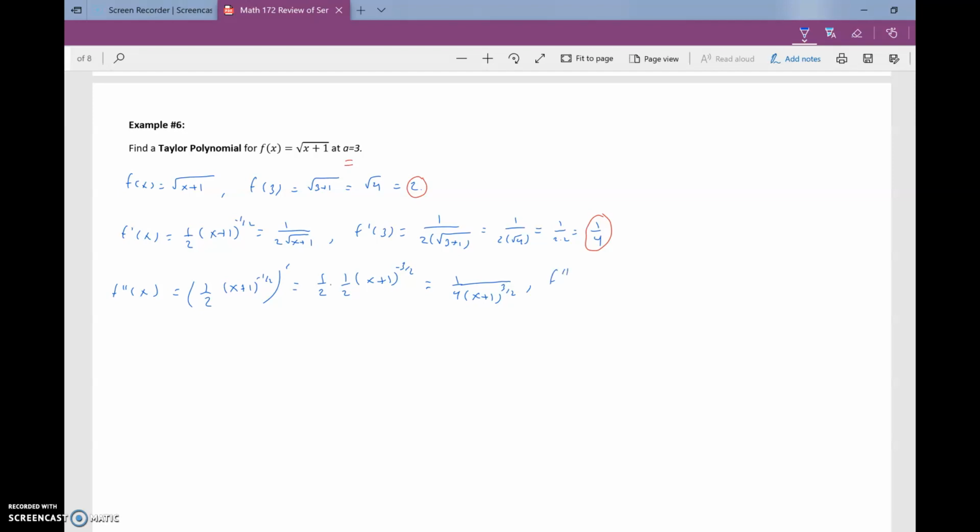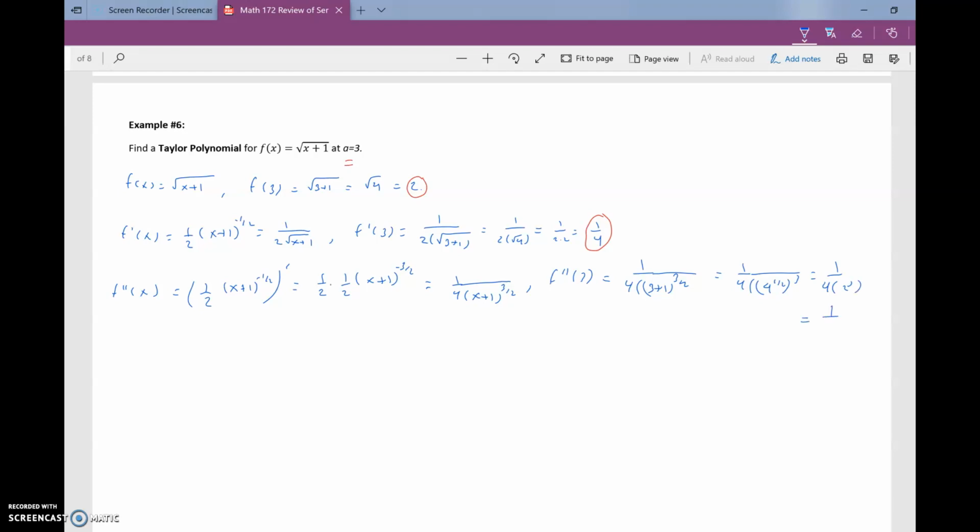So f double prime of 3 is going to give us 1/4 times, technically that's going to be, well, 3 plus 1 raised to the 3/2. So this is 1/4 times 4 raised to the 1/2 raised to the 3. So I'm getting 4 times 4 raised to the 1/2, which is going to be 2 to the 3rd. That's going to be 8.